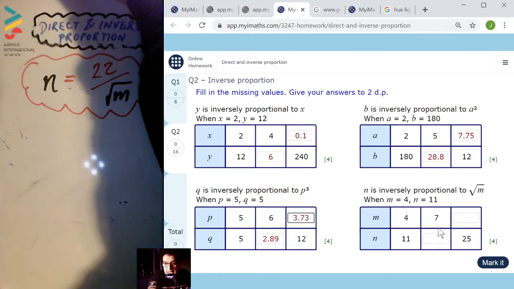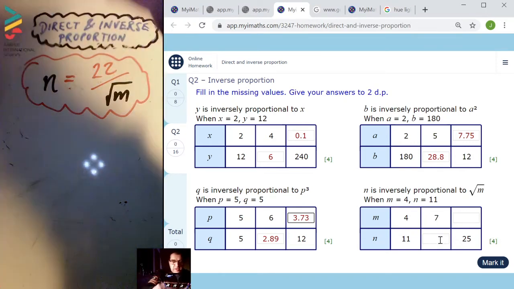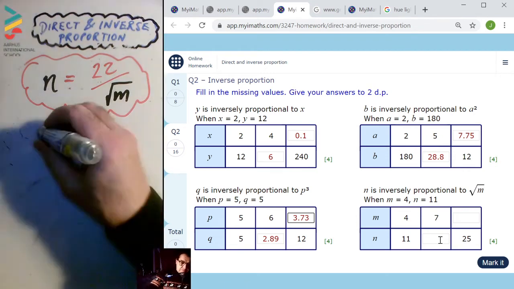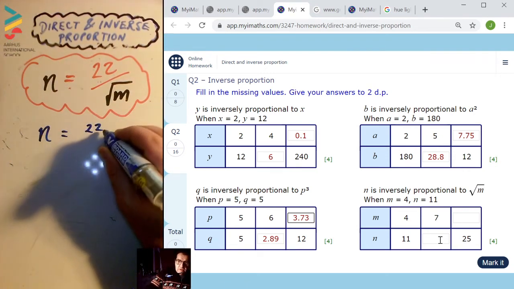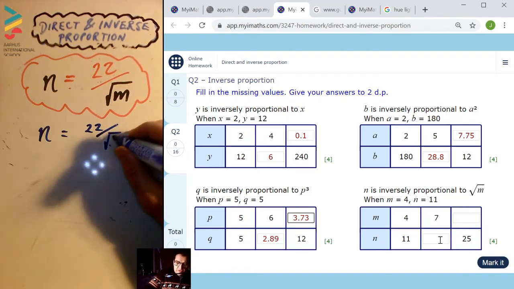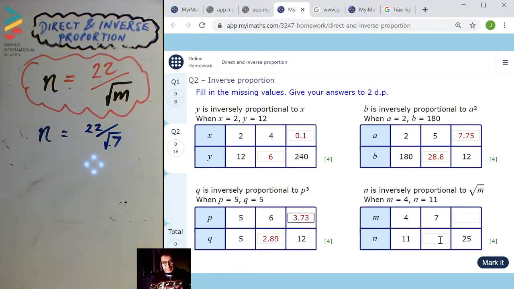So when m equals 7, what is n equal to? So n is going to be equal to 22 over the square root of 7. That's certainly going to be one for the calculator. Get my calculator out. Type in the password incorrectly again. There we go.